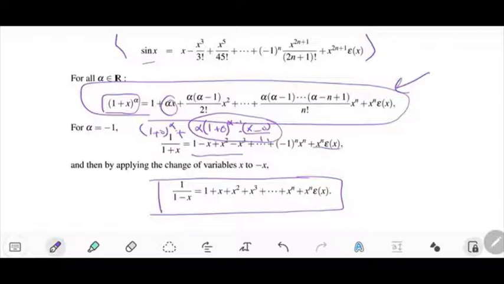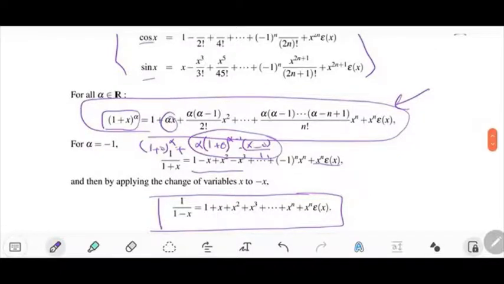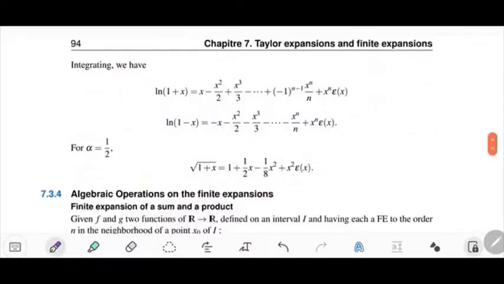Now if we integrate 1 over 1 minus x and 1 over 1 plus x, we can have the finite expansion of the logarithm. Of course, this is done using the theorem of the integration of the finite expansion.